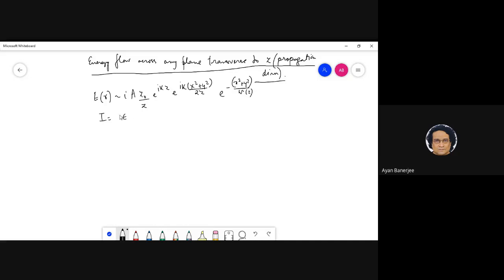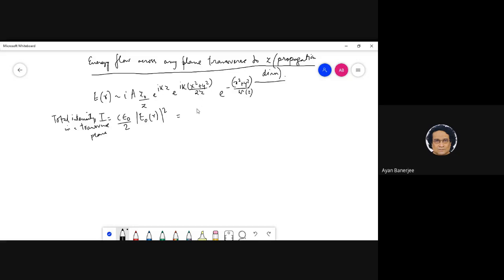So the intensity, of course, very clearly is given by these constants, there is the c epsilon naught by 2. It is essentially this into the total intensity I in a transverse plane, mod square, and clearly the phase part will disappear.